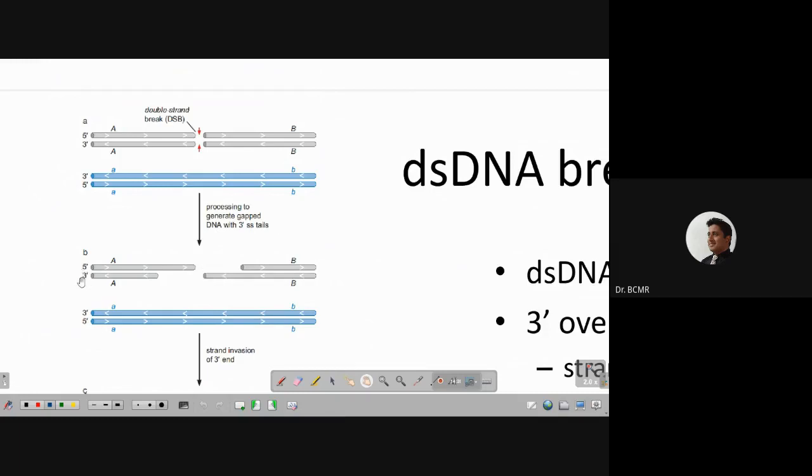This is 5', 3'. I also want you to notice one thing here. We always say we should put 5' to 3' on the top strand, typically. When you're doing homologous recombination, you should see that the lower one is put 3' to 5', and 5' to 3', right?